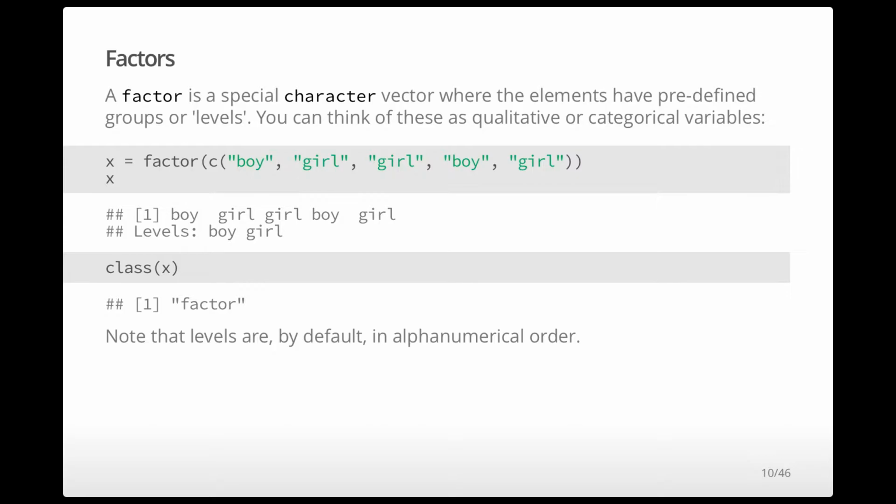Okay, so now factors is what you do for categorical variables. It's a special character vector where the elements have predefined groups or levels. This is what you think of conceptually as a categorical variable. So the way you convert things to factors is the factor command. Here we're passing in a character vector.